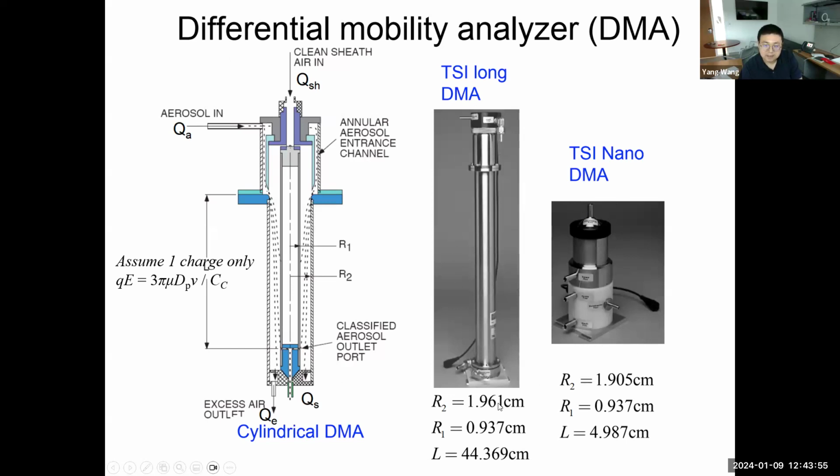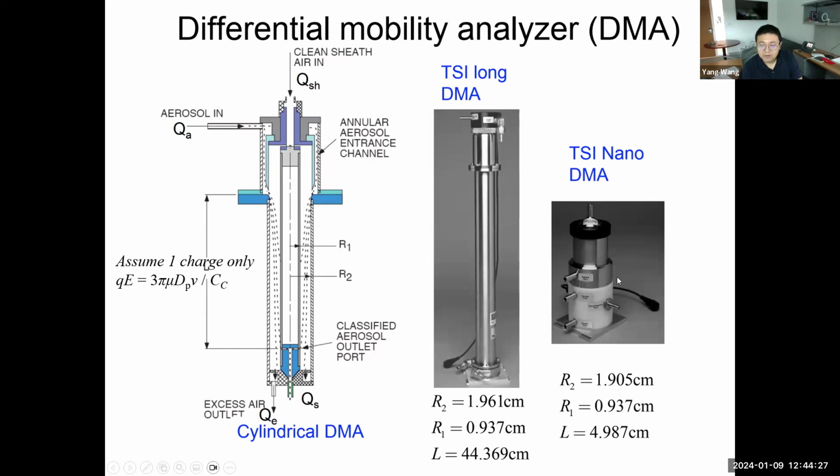There is a TSI long DMA, which is targeted for particles with sizes between 10 and 600 or 700 nanometers, and the nano DMA is targeted for particles from above 2 nanometers to around 200 nanometers. The main reason for the size range is the length of the DMAs. As you can imagine, if you have a longer DMA, then you can classify larger particles, because they move slower towards the center electrode.